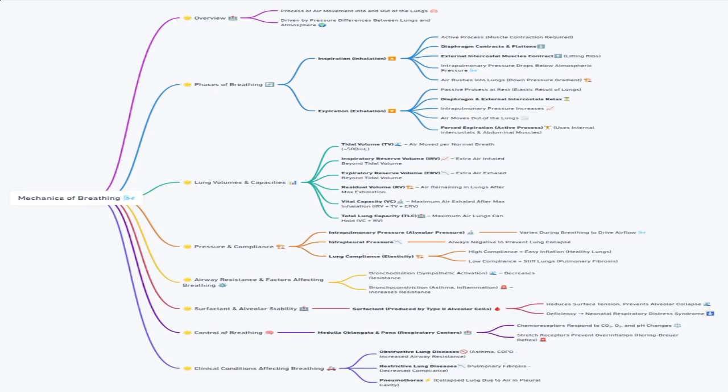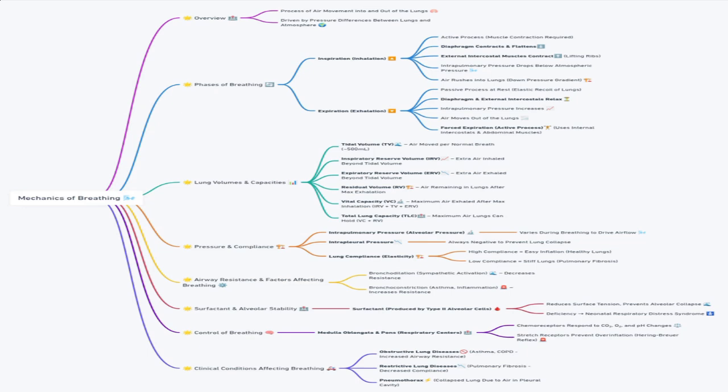Because the intrapleural pressure now becomes exactly like the atmospheric pressure, which is 760, 760, there will definitely be a lung collapse at that particular site.